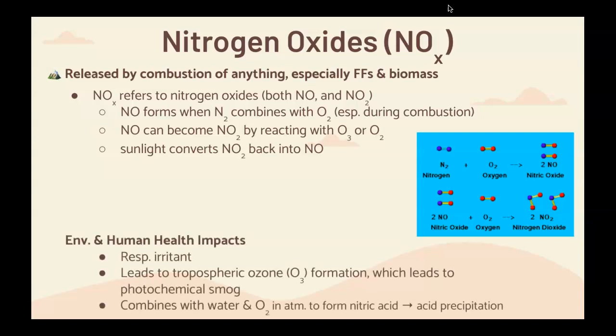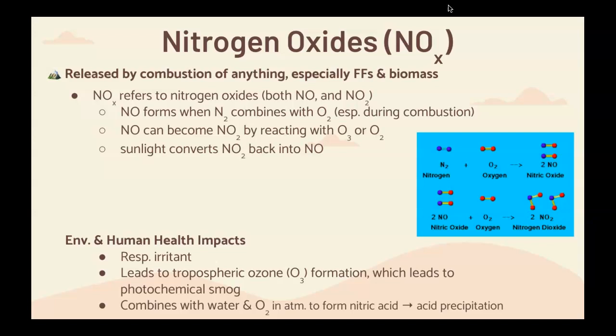So environmental and human health impacts of nitrogen oxides. To be honest, you're going to see respiratory irritant almost in every one of these. So if you get stuck on an FRQ and you're running out of time, you really just need to say you're looking for a human health implication of air pollutants. 9 times out of 10, you'll be good with calling it a respiratory irritant.